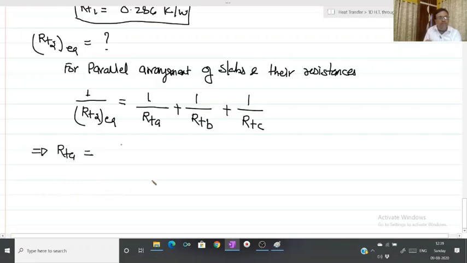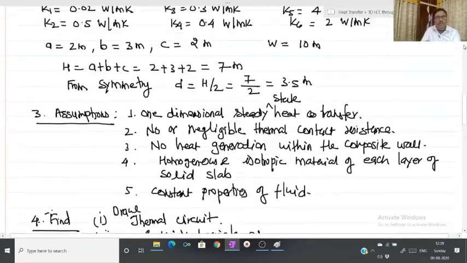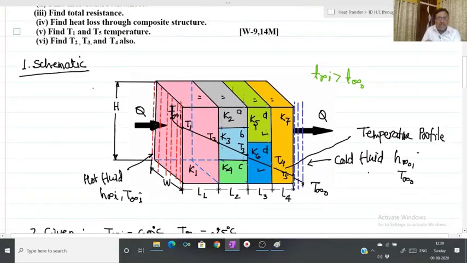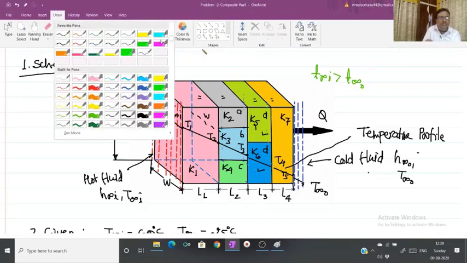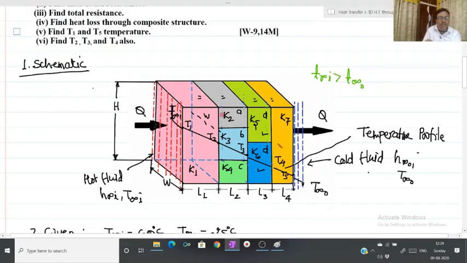Now RTA will be, and this is very important, the thickness of this slab, that is L2, over what is the area normal to heat transfer for a slab. This is the area normal to heat transfer for material A, that is this height A into this width W, isn't it? This is a very important concept, so let me highlight.